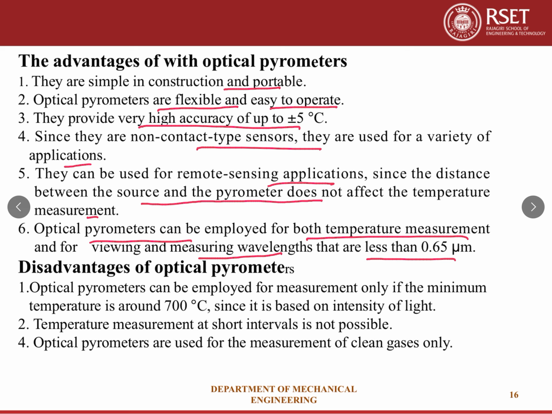Disadvantages of the optical pyrometer. The optical pyrometer can be employed for measurement only if the minimum temperature is around 700 degrees Celsius, since it is based on the intensity of light. Temperature measurement at short intervals is not possible by this.